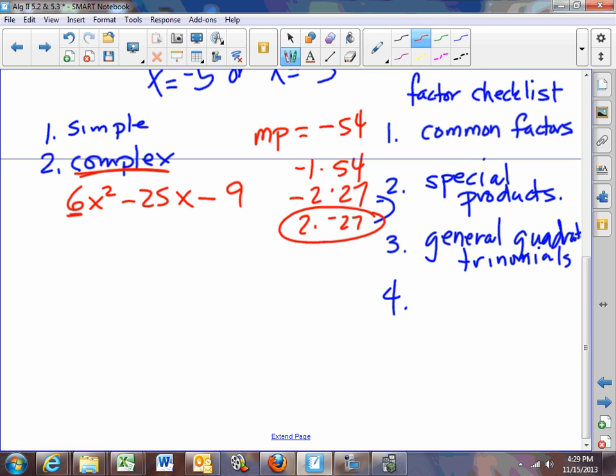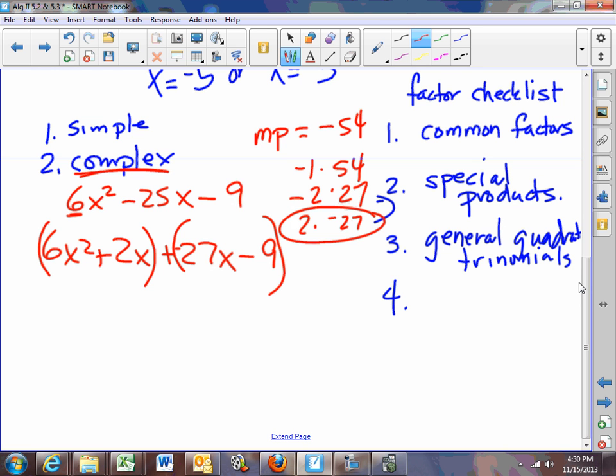So now we're going to rewrite this middle term using 2 and negative 27. So 6x squared plus 2x minus 27x minus 9. Now, in this case, we can't put the parentheses in because there's a minus sign in front of the 27x. So I'm going to make this plus a negative 27x, and then I'm going to put parentheses here and here.